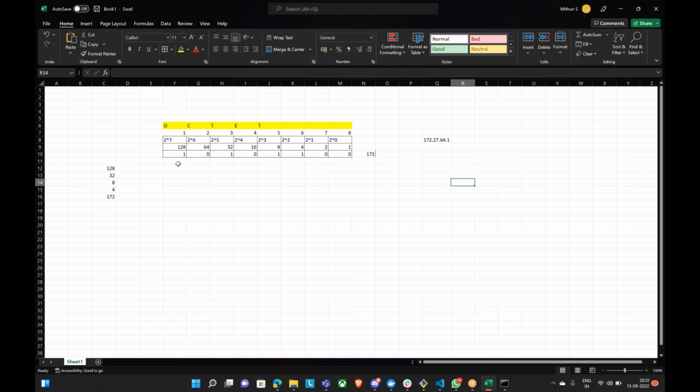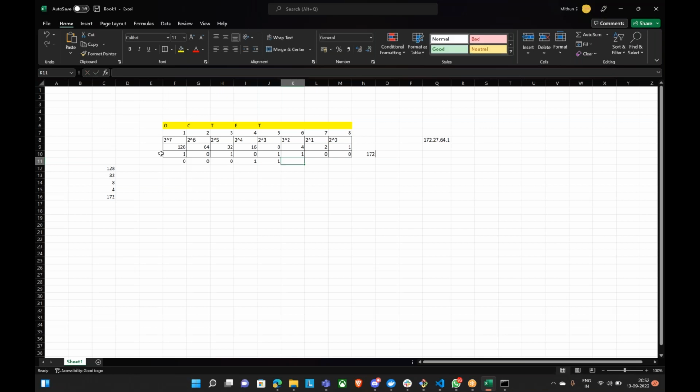Okay, so now let us calculate for 27. 27 is a very low number. Because here I will put 0, 0, then 32 also 0. Then from here I will start. So 1 means 16. The equivalent value is 16. Then what is 16 plus 8? That is 24. Yeah, valid.